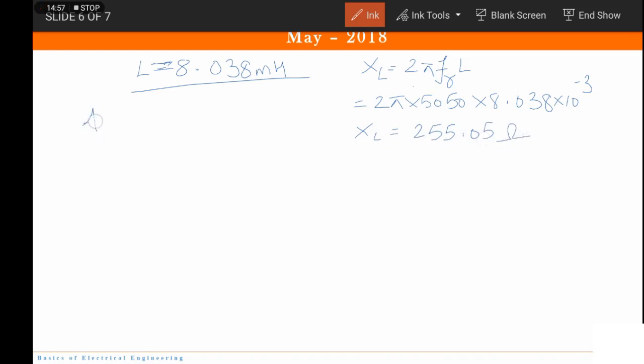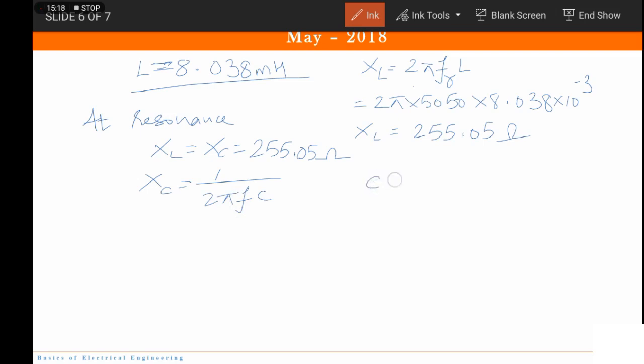But we know that at resonance XL is the same as XC. It means XC is also 255.05 ohm, right? But what is XC? XC is 1 upon 2 pi F C, right? So what would be C? It would be 1 upon 2 pi F, what is this frequency?